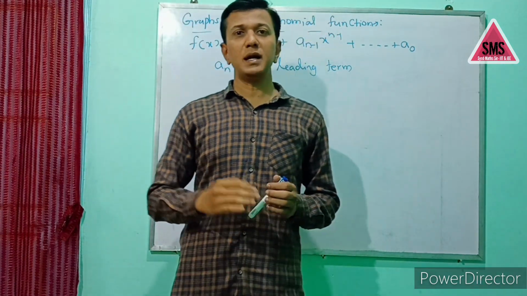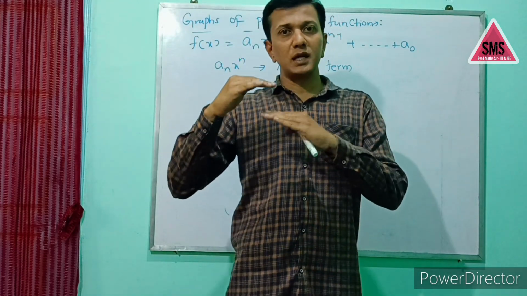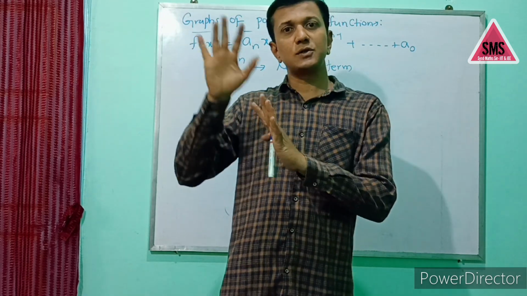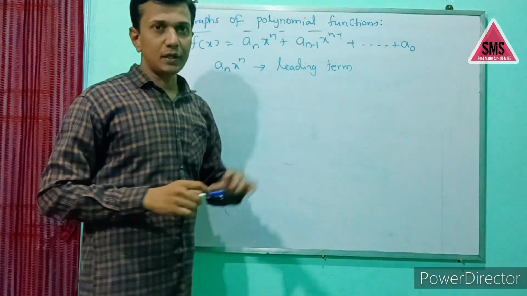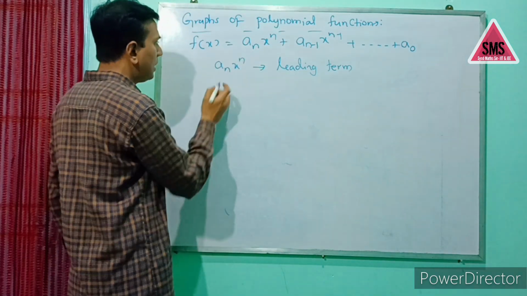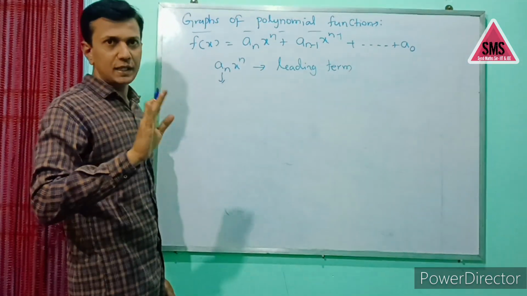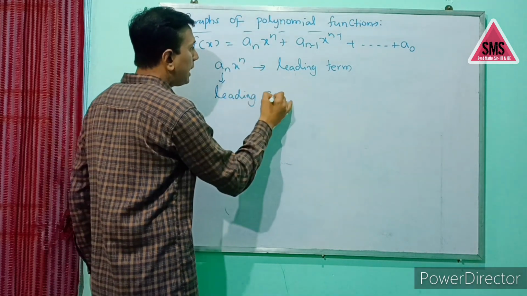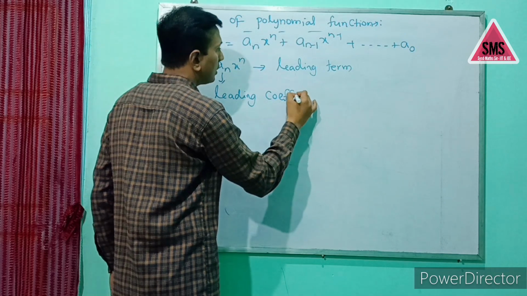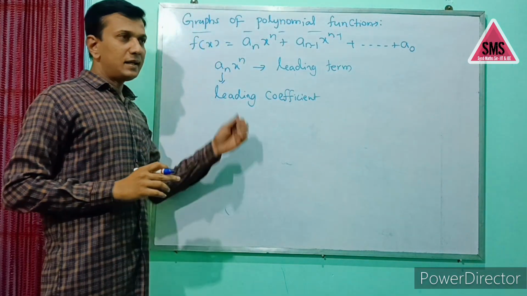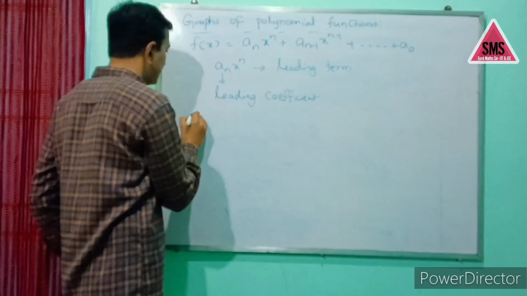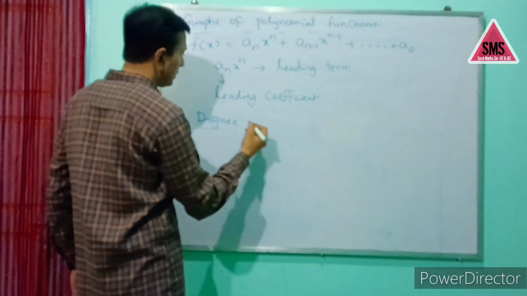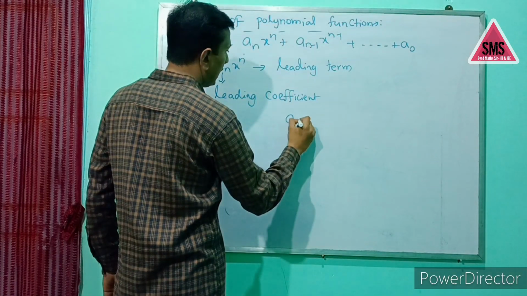Leading term is nothing but in a given polynomial, whichever term contains the highest degree in that polynomial, that term is going to be considered as the leading term. In this leading term, this an is the coefficient, but here we call it the leading coefficient.